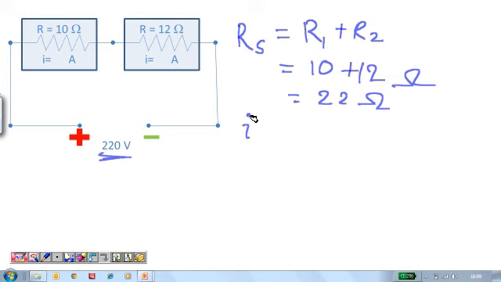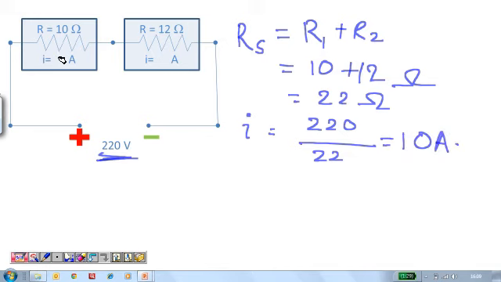So the current is going to be equal to 220, which is the voltage across, divided by the effective resistance, which is 22, and that gives you 10 amperes. So we write 10 here and 10 here. That's how you solve a simple problem.